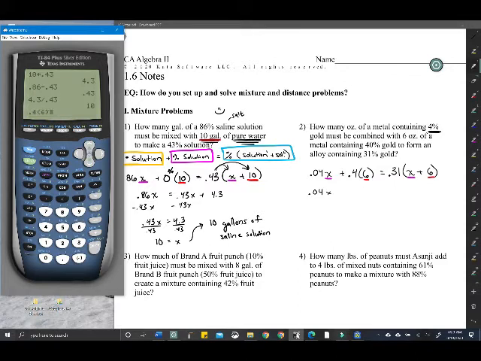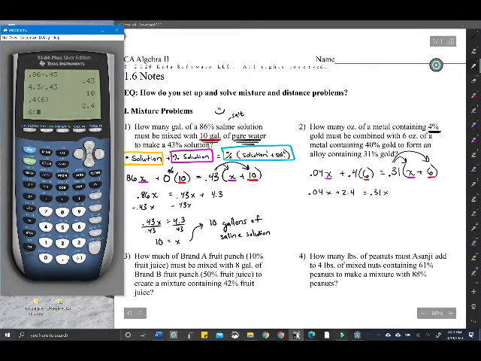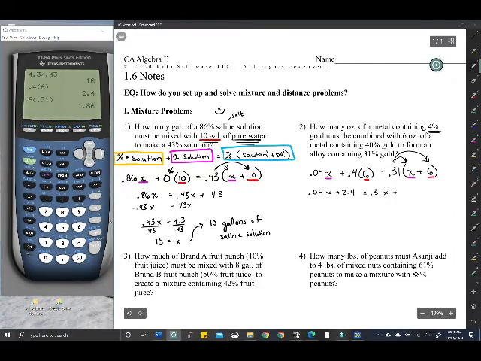0.4 times 6 is 2.4. And that's equal to 0.31x. Going to distribute. 6 times 0.31 is 1.86. And however you choose to solve it, just get x to one side.